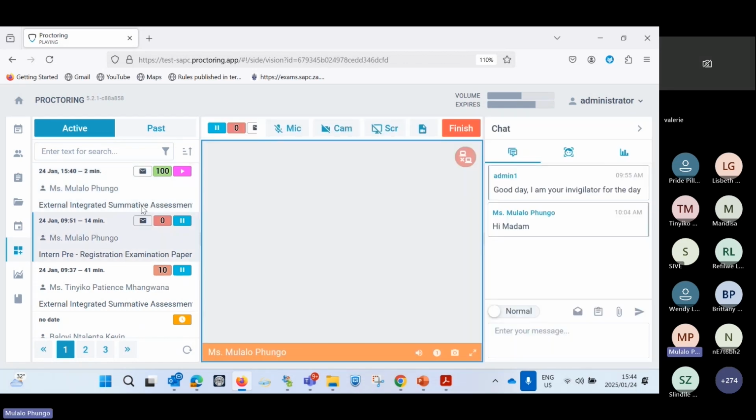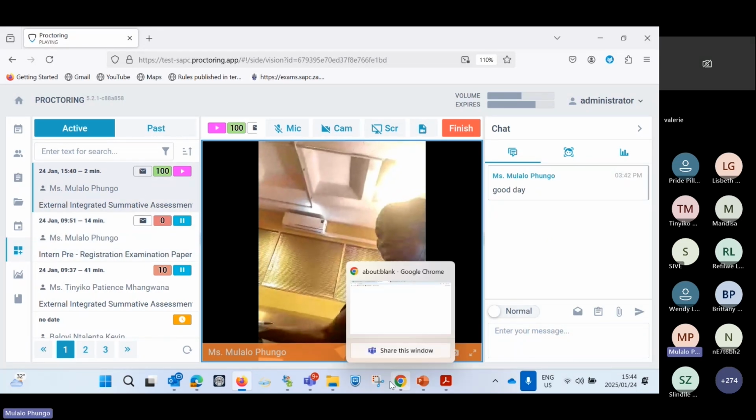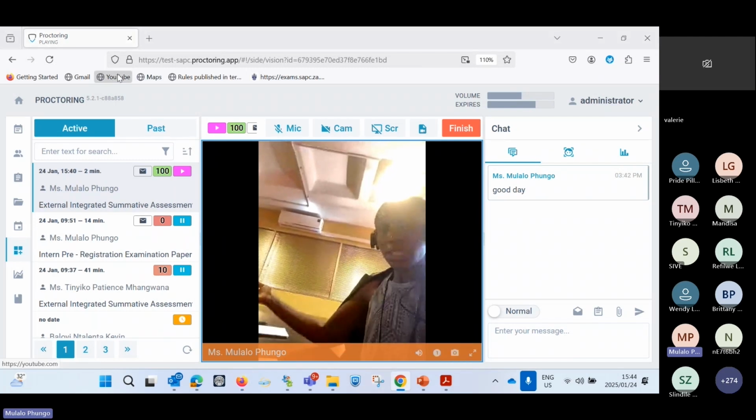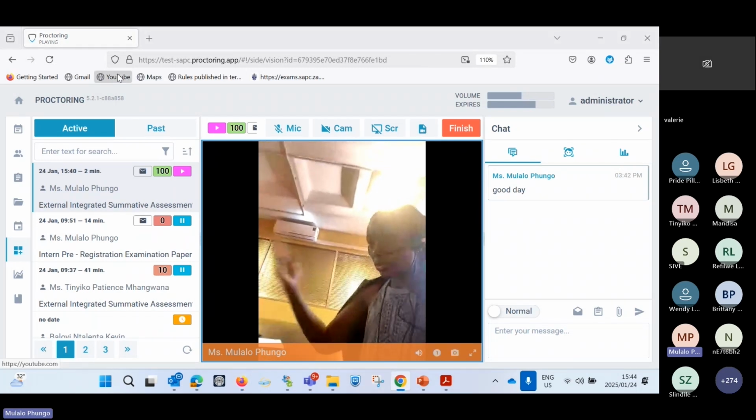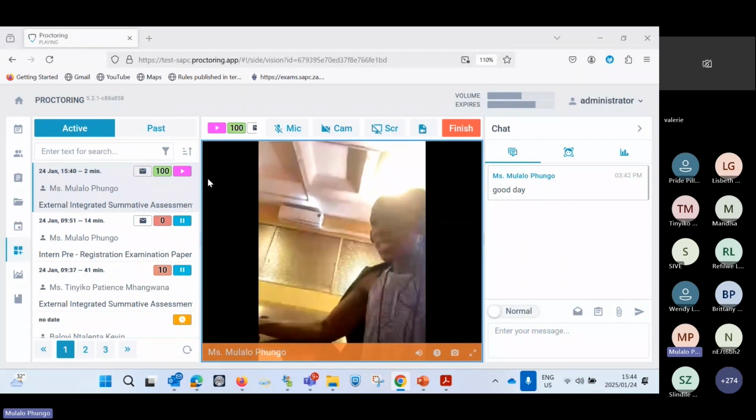Let me rather use something like this, which is a previous one, where I wanted to show you that if I'm writing the exam, they also need to see that I'm writing on a computer or a desktop, as we sometimes refer to this equipment. So at this point, they would have to see a screen here that shows my surroundings.